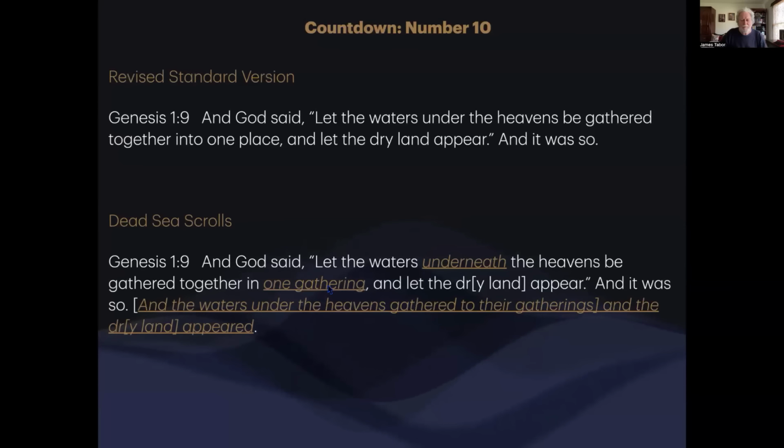You see the idea? "And let the dry land appear." I think that's probably original. I think that was missed by the copyist. "And it was so." And then you have an additional verse: "And the waters under the heavens were gathered to their gatherings, and the dry land appeared." That's not in the Masoretic text, but it's got that alliteration again, gathered to their gatherings.